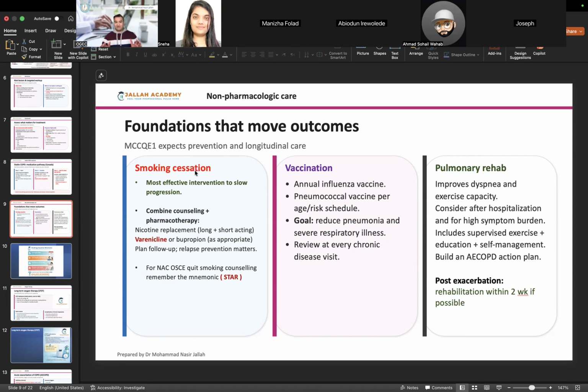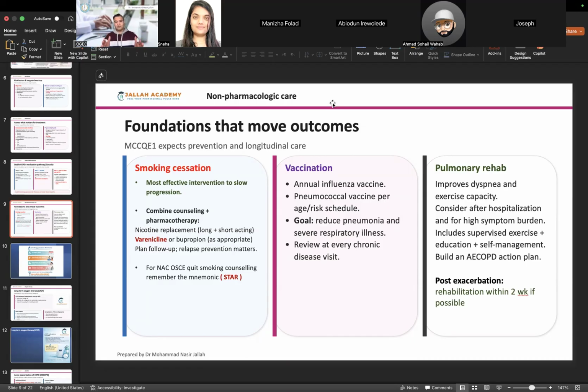The reason they fail is because they don't have a proper structure. They don't have a proper management plan. That's why they start and they fail. If they go about quitting in a proper, healthy, structured way that's designed for them, they will definitely succeed.